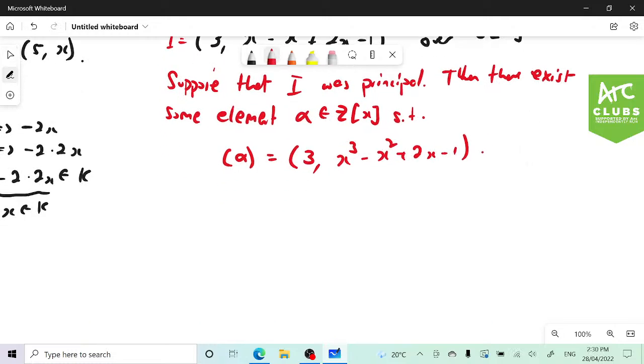So let's take a look at this. If alpha generates 3, that means that alpha must divide 3, because the only way for you to generate 3 is to look at all multiples of 3. But at the same time, it also has to divide this polynomial here.